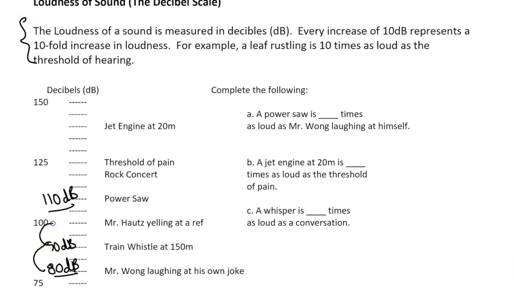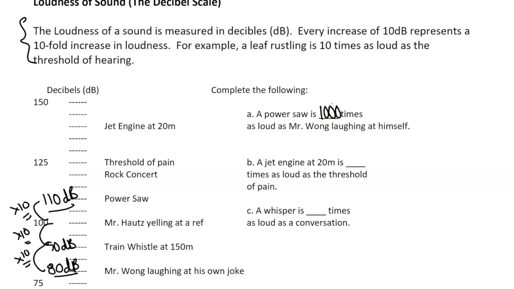Then going from 90 to 100 would be another 10-fold, and going from 100 to 110 is another 10-fold. So now we have 10 times 10 times 10, a 1,000-time increase. So the power saw is going to be 1,000 times as loud as me laughing at my own joke.